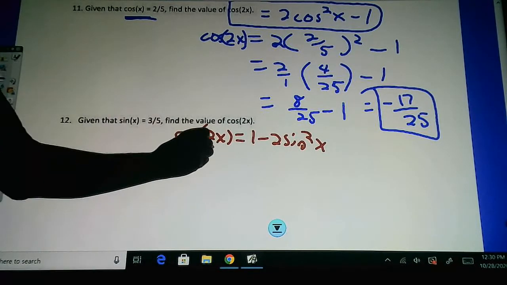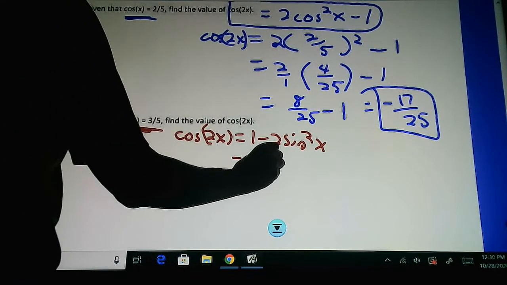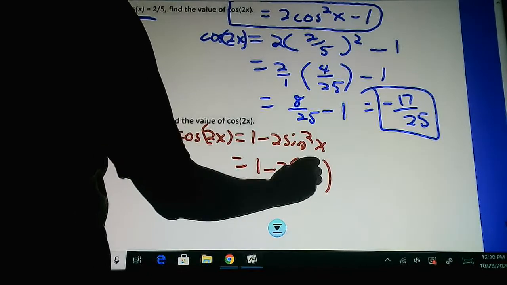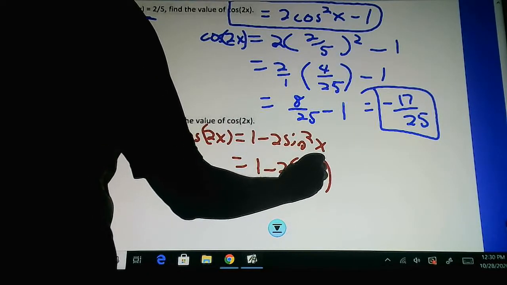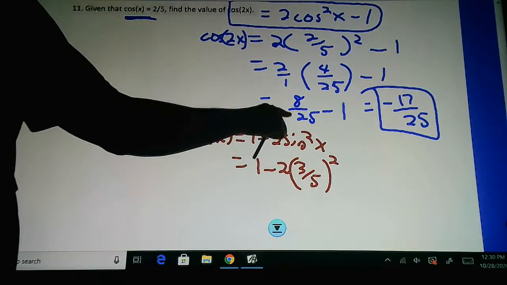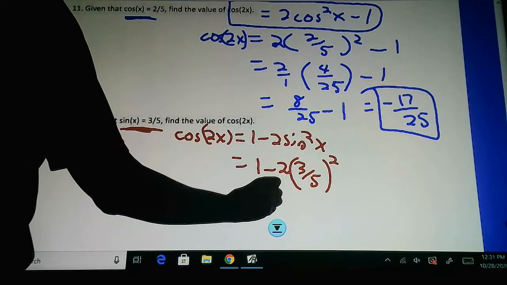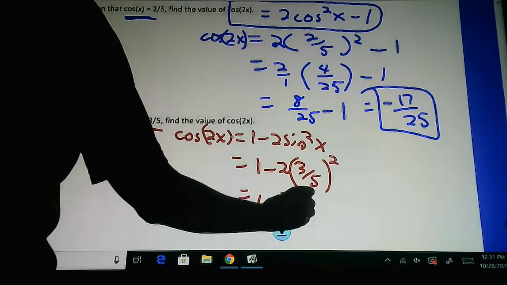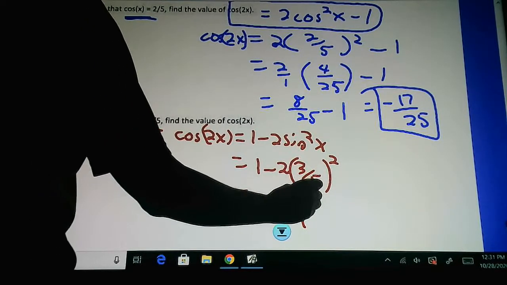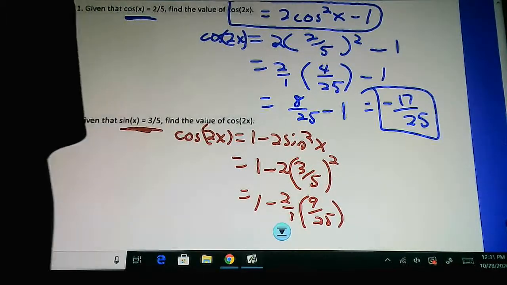I'm going to choose this one because they're telling me sine, so I don't have to find any other piece. All right, so sine x is 3/5. I'm going to square that quantity. 3/5 squared is 9 25ths.